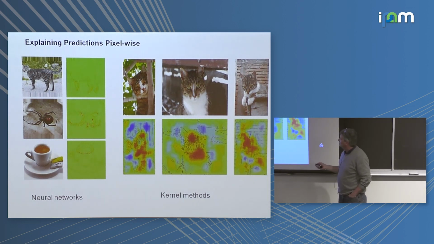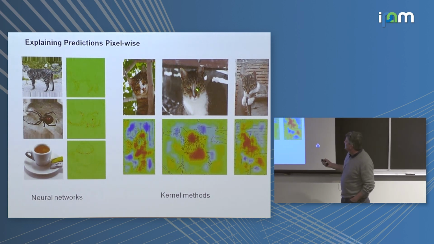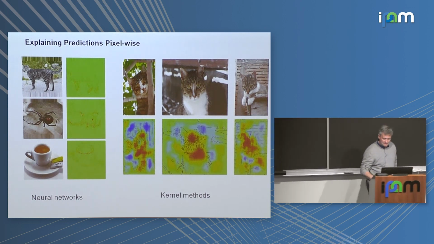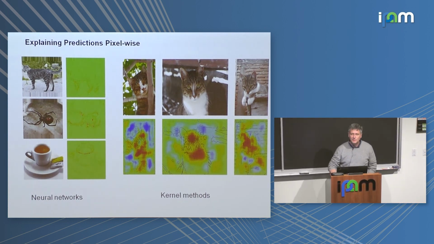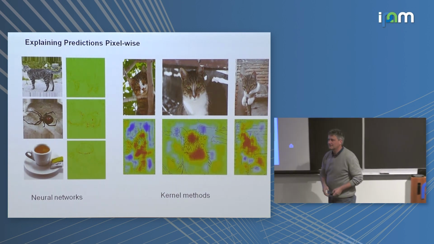Now, if you instead train a support vector machine, then it's different explanations for different cats. It's always the fluffy part or the mustache or whatnot. Okay? But the point of this slide is not the cats, but the point is that there are lots of models and you can always transform them in a way that you can apply this.